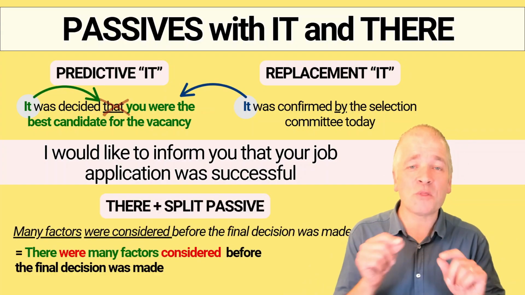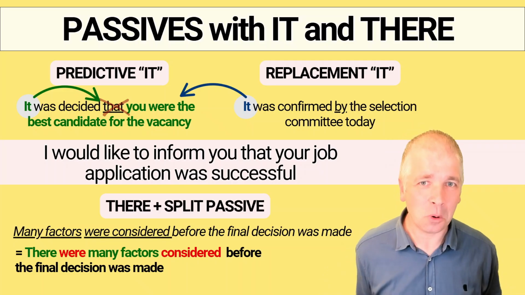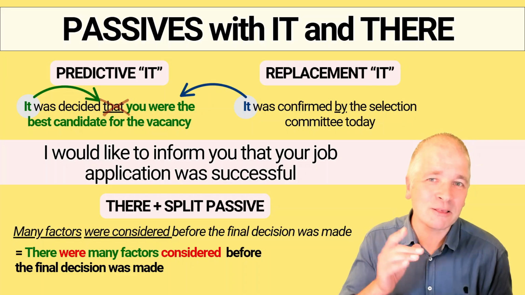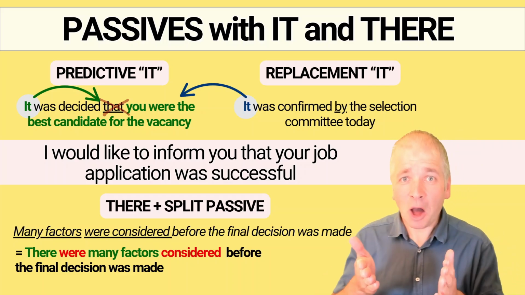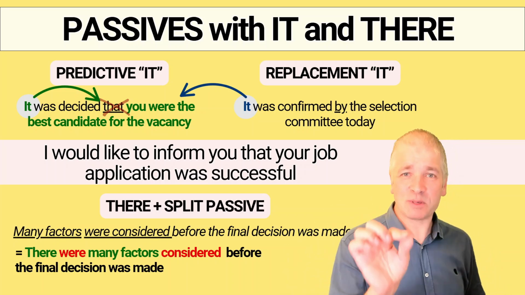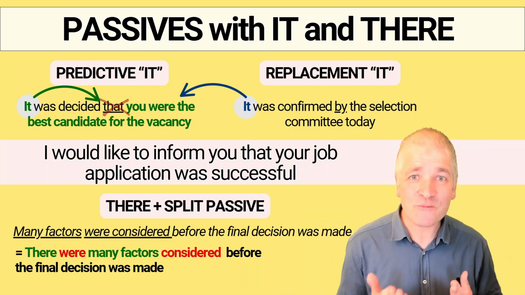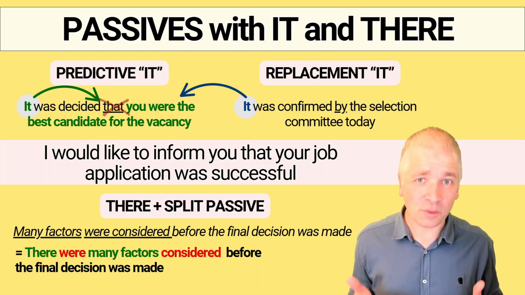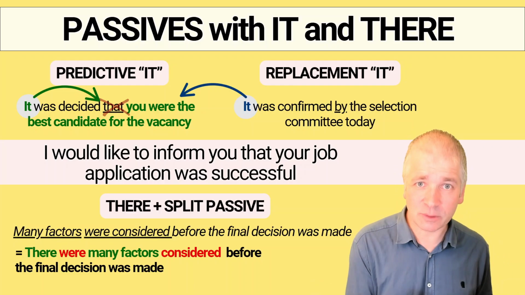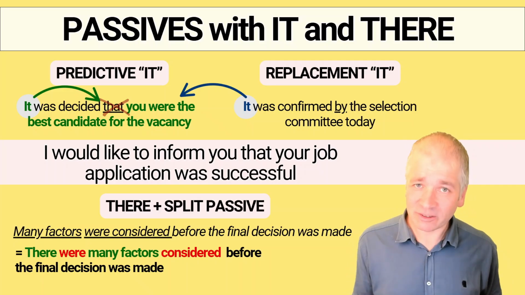Also, we can use there before a passive form. And this is interesting because there introduces what's called a split passive. Let's start with a typical passive sentence and then convert it so it starts with there. So many factors were considered before the final decision was made. So the passive form at the beginning of the sentence here is were considered.